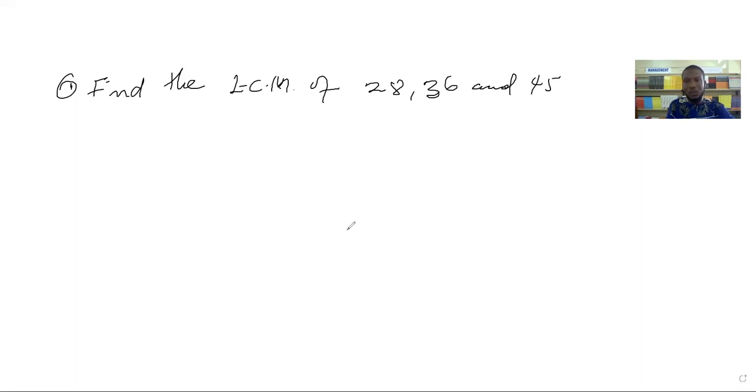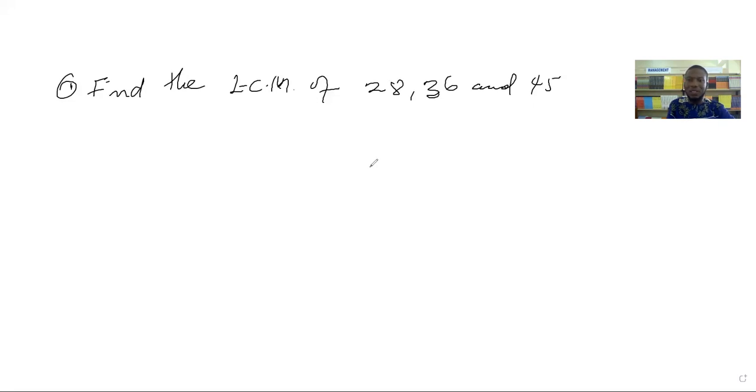So to solve this, what most of us already know is finding the multiples of 28, finding the multiples of 36, and then finding the multiples of 45. Then after that, we state the common multiples. Then we choose the smallest or the least one among them.